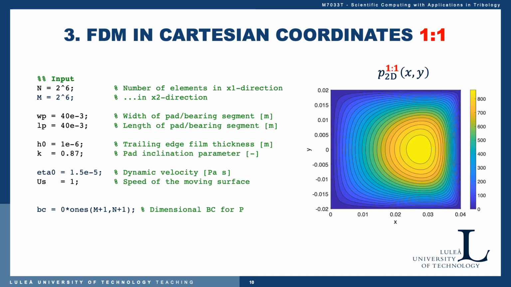And this solution has been obtained with 64 by 64 elements, so 65 grid nodes in total, meaning that we have actually solved a 63 by 63 matrix linearized system in terms of matrix times P equal right hand side vector.